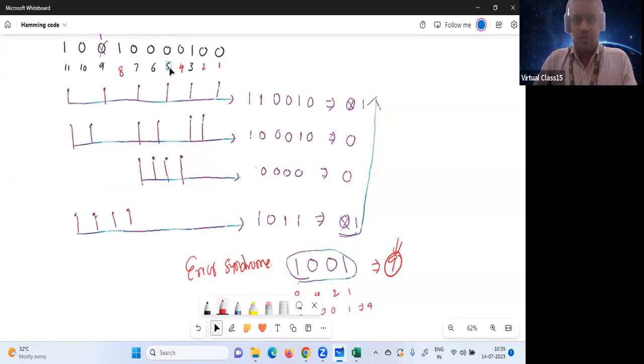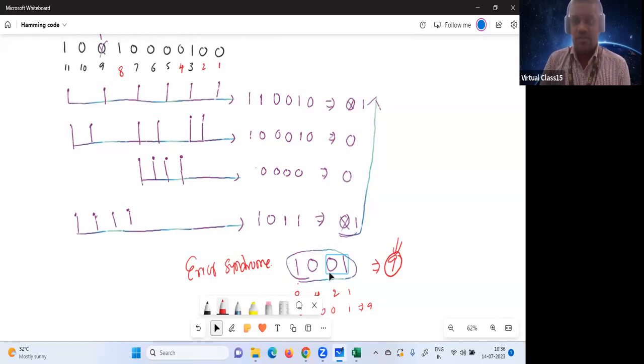Assume you modify the 5th bit, the error syndrome will be 101. Based on this, the error correction happens in the Hamming code.